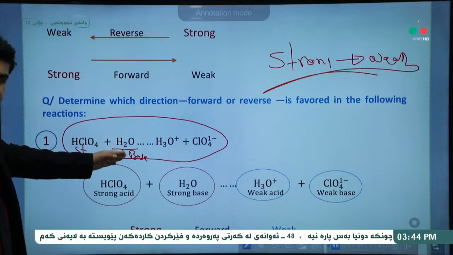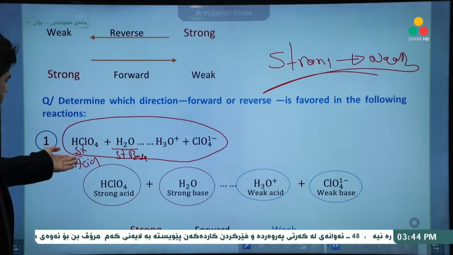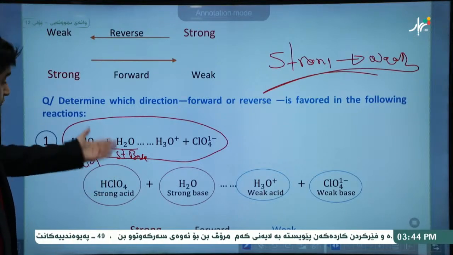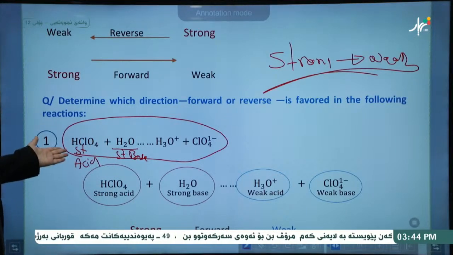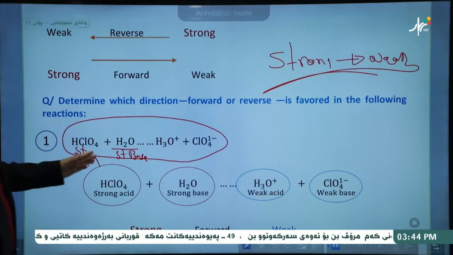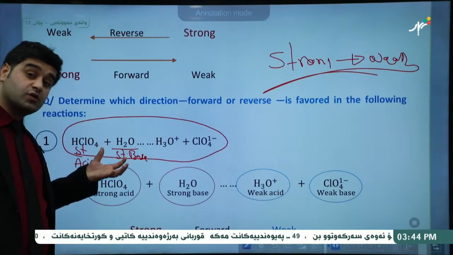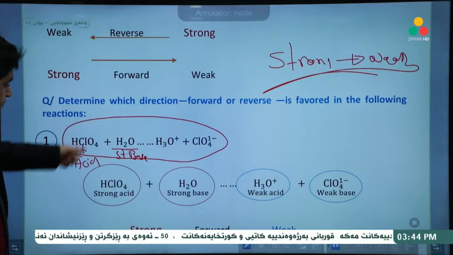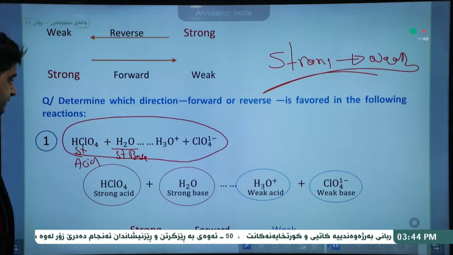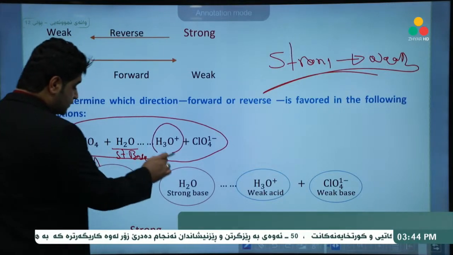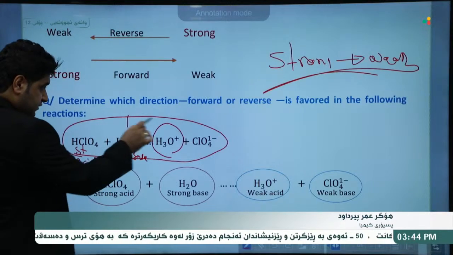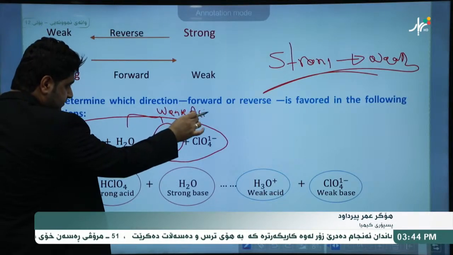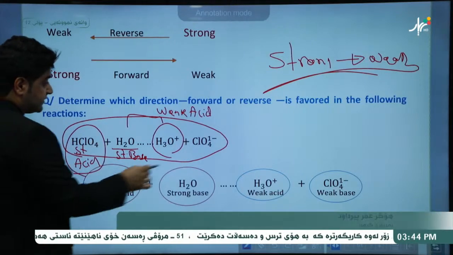If it's weak, it's weak. Because we have more protons, it should gain more protons, so it will be a strong base. If it's a weak acid, we have fewer protons, so it should gain fewer protons and will be a weak base. So if it's an acid, the water is a base, producing H3O. Because it's a strong base, its conjugate will be a weak acid, and a strong acid gives a weak base.